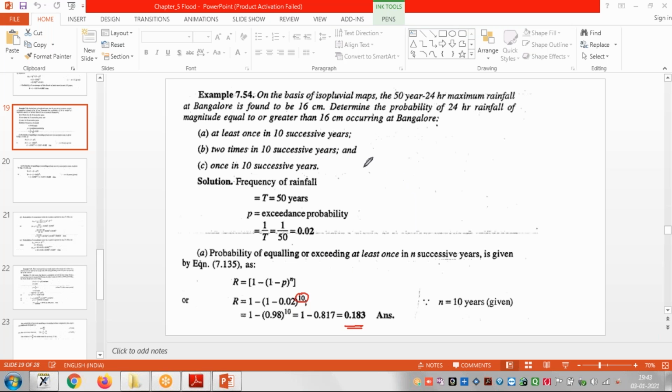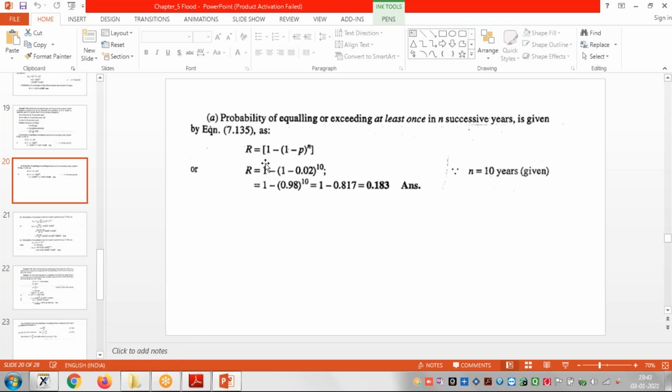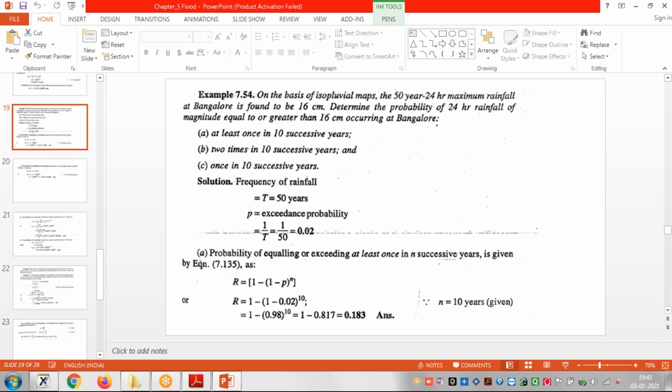Now, 2 times in 10 successive years. What he is asking is the chance of occurrence of this flood in the next 10 years, but two times.